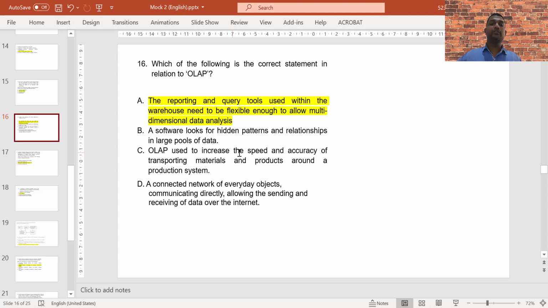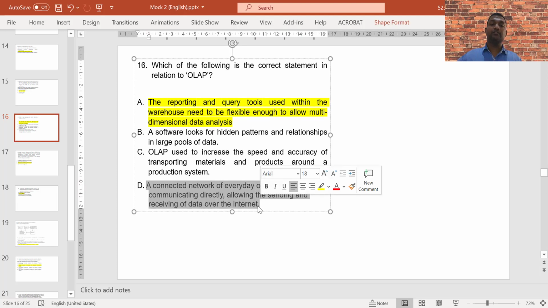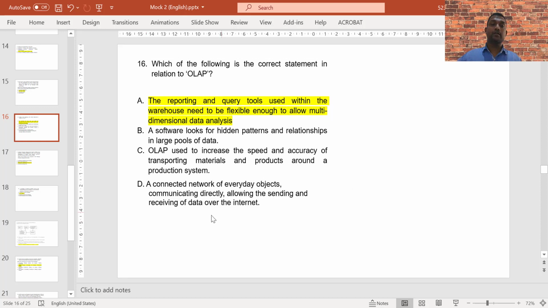OLAP used to increase the speed and accuracy of transporting materials and products around a product system. A connected network of everyday objects communicating directly online and sending and receiving data over the internet. So this is mainly an explanation of the Internet of Things, which is not relevant here.